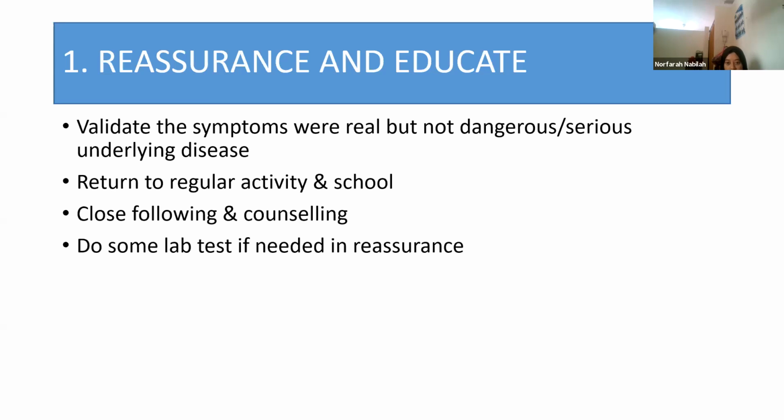They can go to school, and also not forget to have close follow-up and counseling. And then we also can do some lab tests if needed as reassurance, especially for the parents. Okay, next.